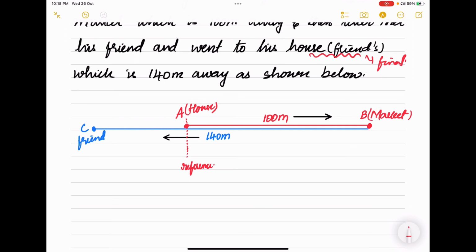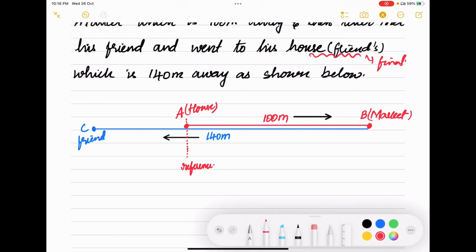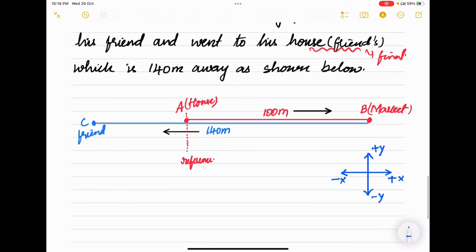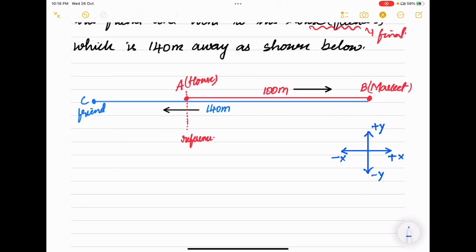As we know about coordinate system, take the help of the coordinate system straight away over here to understand this concept more clearly. Say this is positive x-axis, this is negative x-axis, and this is along the y-axis: positive y-axis, negative y-axis, plus x, minus x, plus y, and minus y. Done. Now, as usual, our case is to find distance.